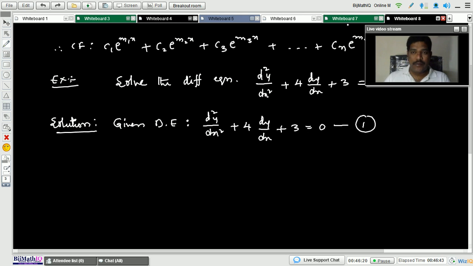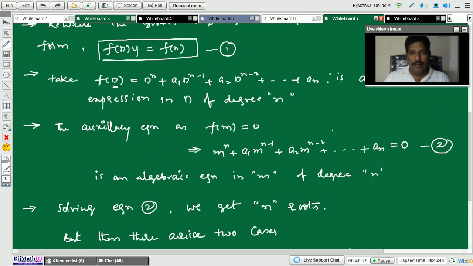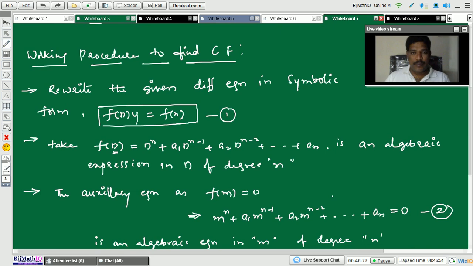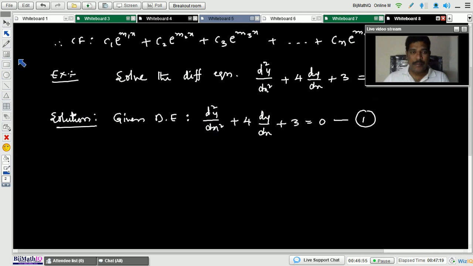The working procedure to find CF: rewrite the given differential equation in symbolic form, that is f of D into y equals to f of x. But here f of x is 0, so write it in the form f of D into y equals to 0.